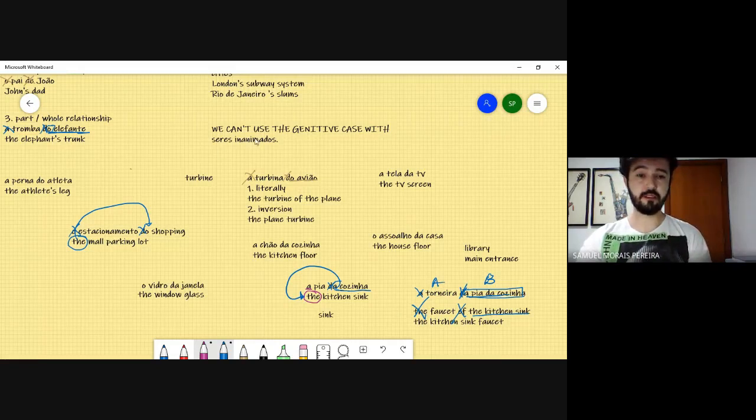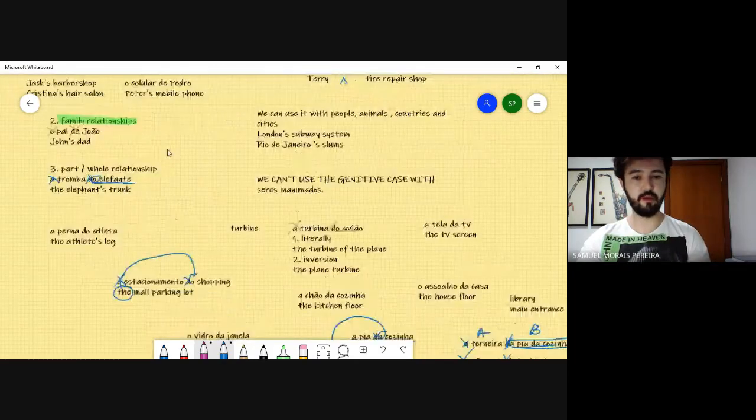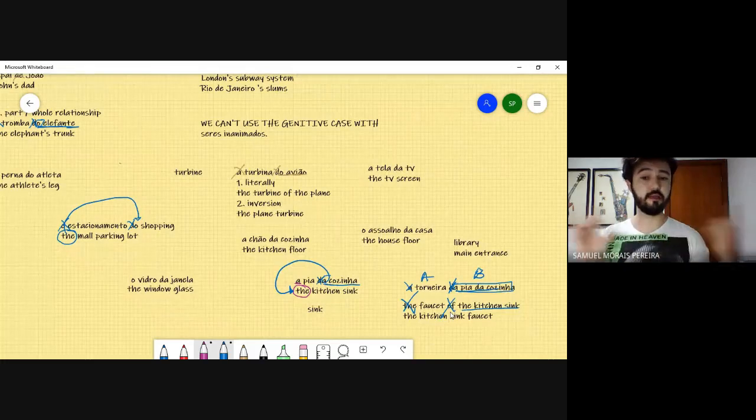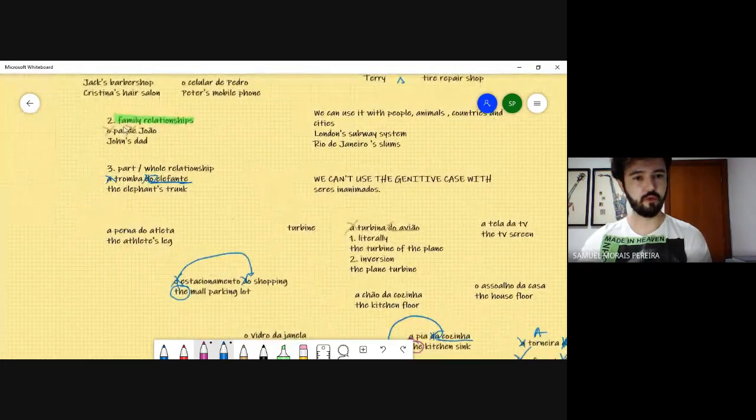Because I'm talking about seres inanimados, ok? Porque se fossem people, animals, and countries and cities, I can use the apostrophe s, but with seres animados I cannot. Eu posso inverter, né? I can invert, but I cannot use apostrophe s for these cases here, quando é uma relação de parte pelo todo, tá vendo? Tá aqui.